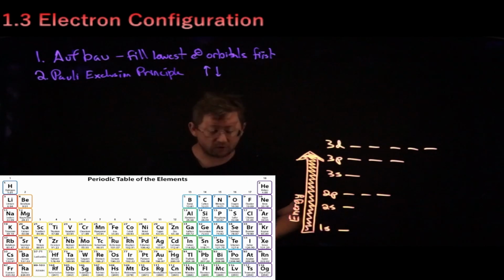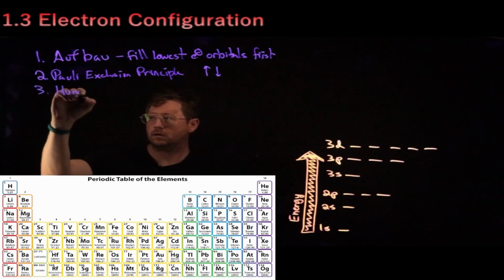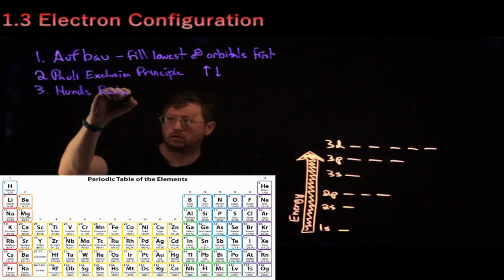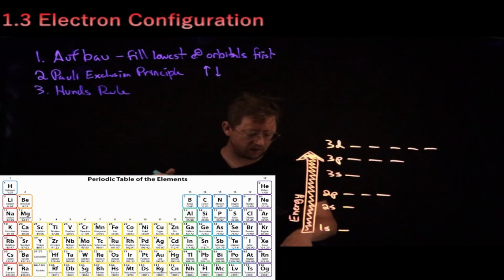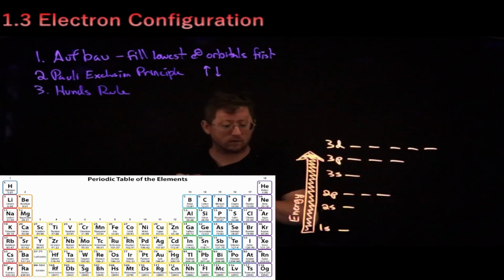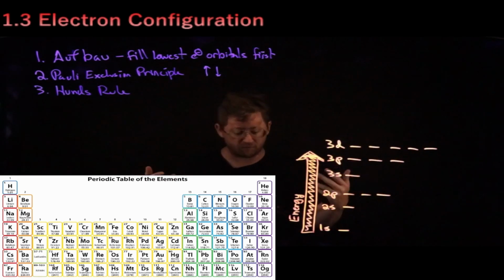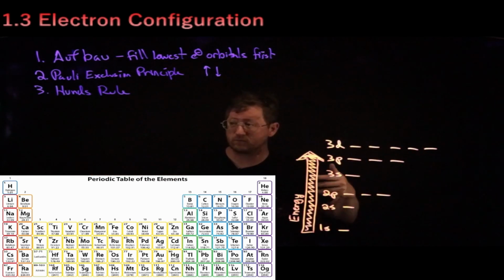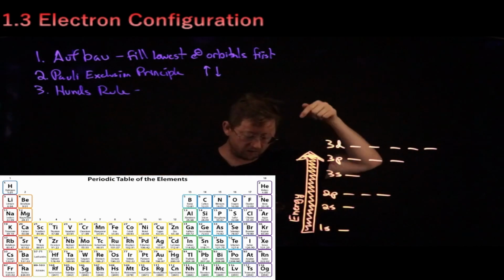And the third rule we're going to use is Hund's rule. That says multiple orbitals of equal energy fill up each individually before going back and filling up with the paired electrons.